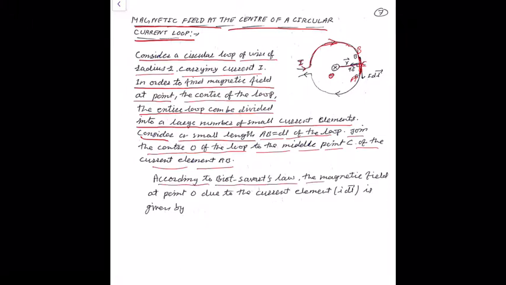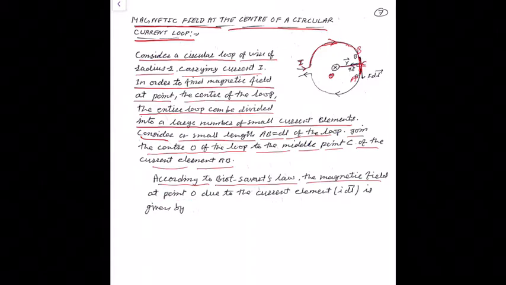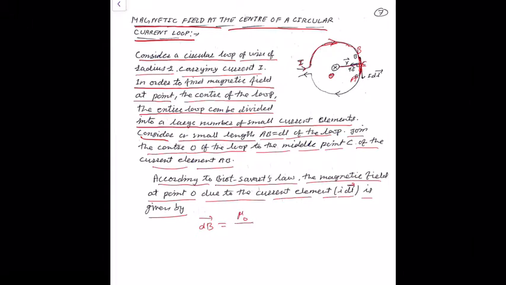According to Biot-Savart law, the magnetic field at point O due to the current element I dl vector is given by dB vector is equal to mu naught upon 4 pi, I dl vector cross r cap upon r square.